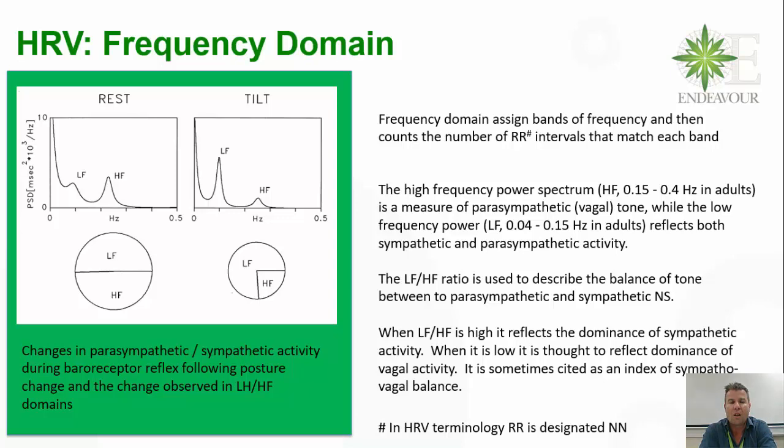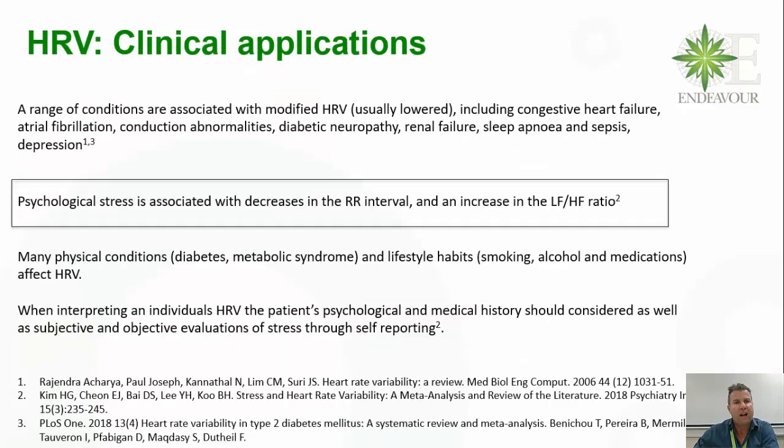Okay? So, in terms of application, it's been a really powerful clinical application that applies across to diagnosing not only stress, but also a number of other chronic health conditions. Heart rate variability significantly changes in conditions associated with the heart, like congestive heart failure, atrial fibrillation, and conduction abnormalities.